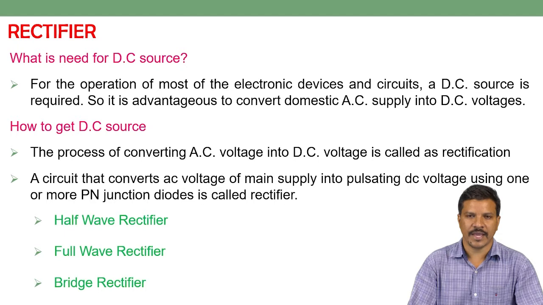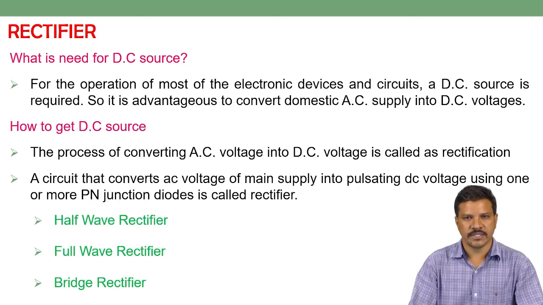So it's advantageous to convert the domestic AC supply, which is available from our switchboards and power transmission lines, into DC voltages or DC sources.